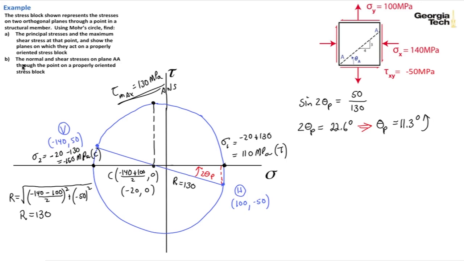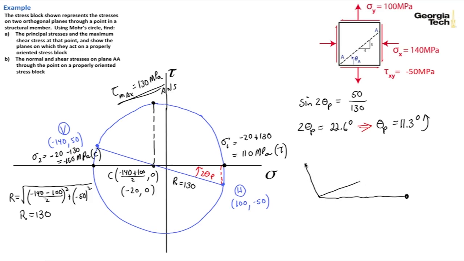And so if I want to finally show the principal stresses on a properly oriented stress block, we've got the horizontal face, that's this point here, and we're going to rotate 11.3 degrees on the stress block.